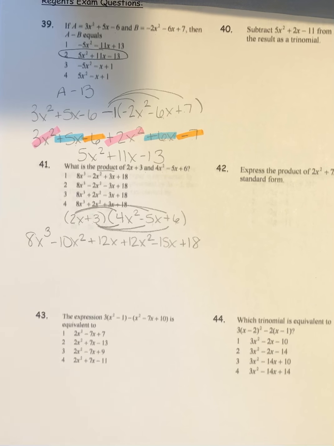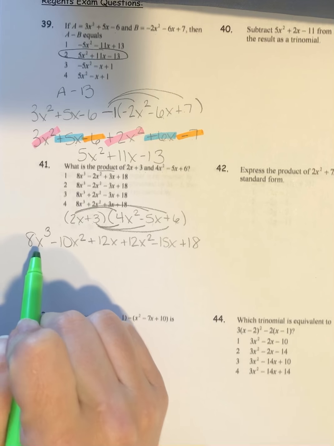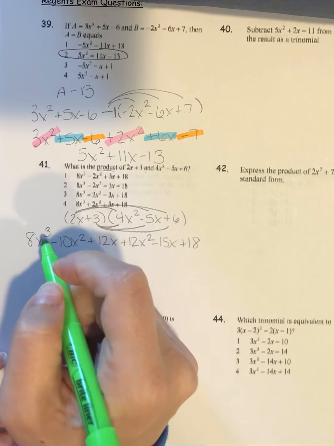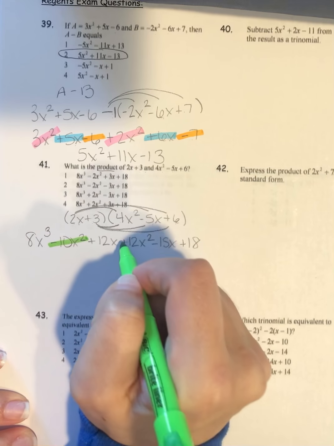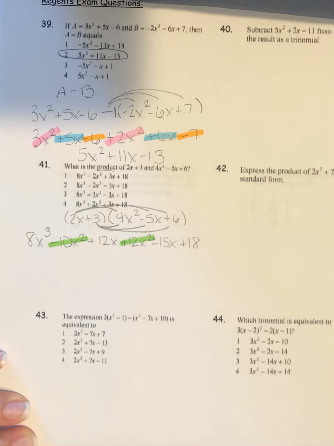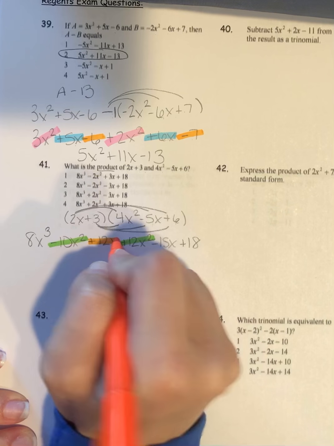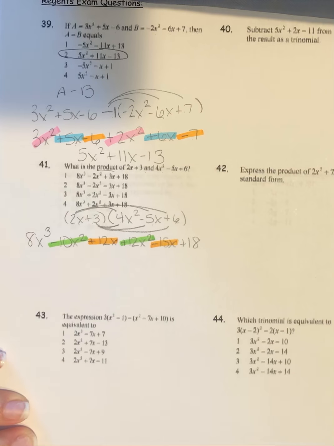We then need to combine our like terms. There is no other x to the third, so we don't need to combine that with anything. I have a negative 10x squared and a positive 12x squared. I have a positive 12x and a negative 15x, and there's nothing like the 18, so that can just come down.